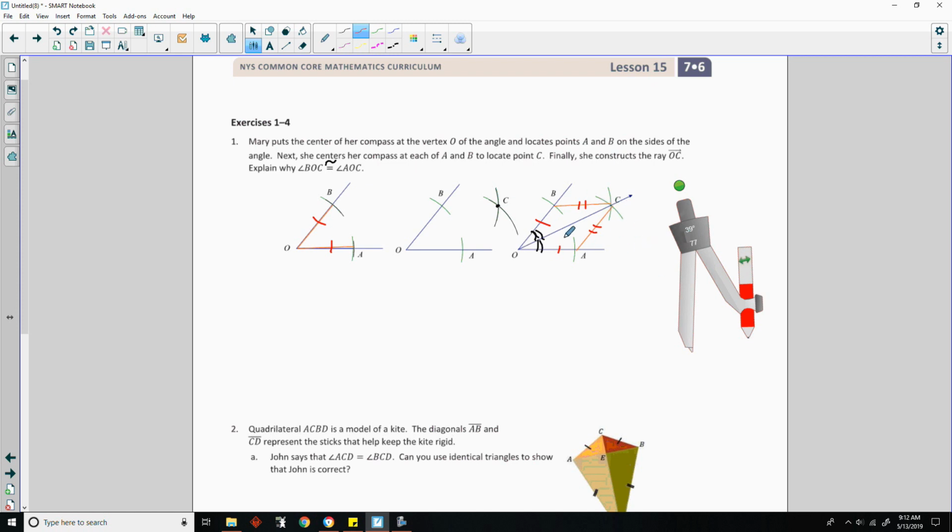So we have two triangles with two sides congruent, and the ray OC that she drew is shared in both triangles. So the reason these two triangles are congruent is by the side theorem. We have all three sides congruent, and since three sides of one triangle are congruent to three sides of the other triangle, all the angles must be congruent, and therefore angle BOC is congruent to angle AOC.